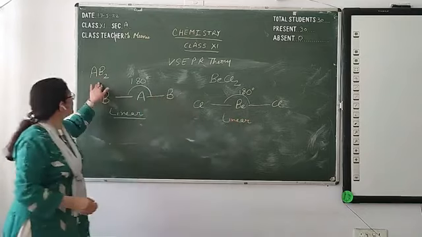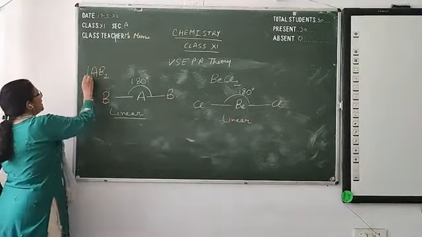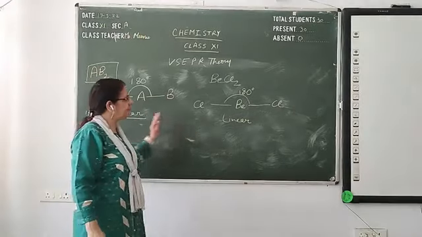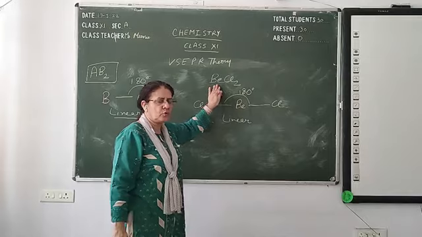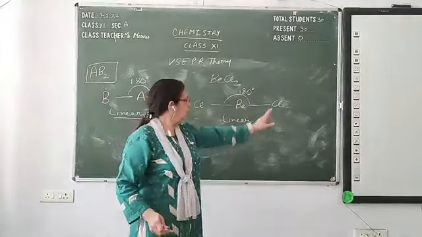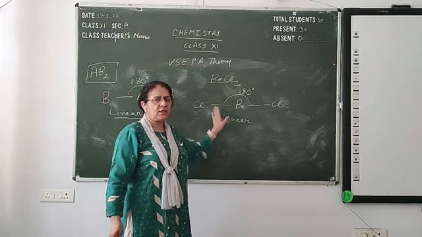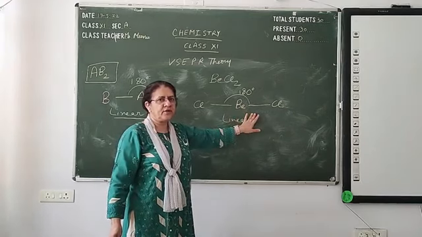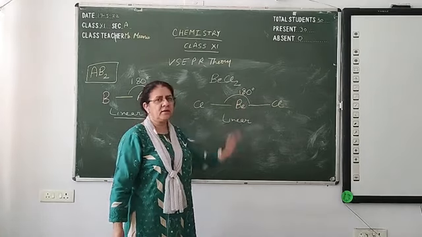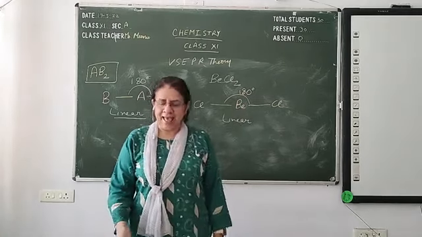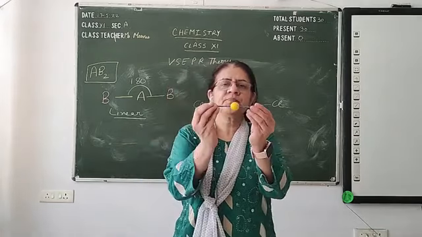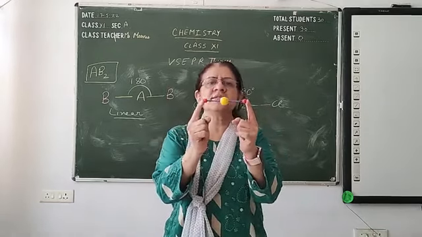So, this is the first example we have studied, AB2 type. This is linear shape. Example is BeCl2, beryllium as the central atom, chlorine on either side. The 2 bond pairs try to remain as far apart as possible. Hence, the angle is 180 degree and the shape is linear. Now, see children, this is the ball and stick model.